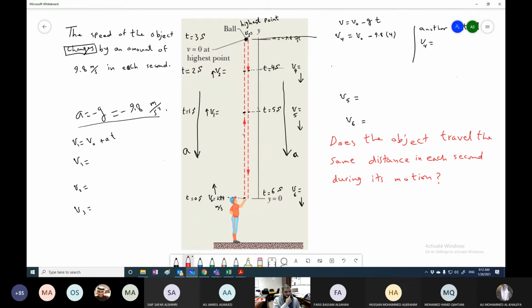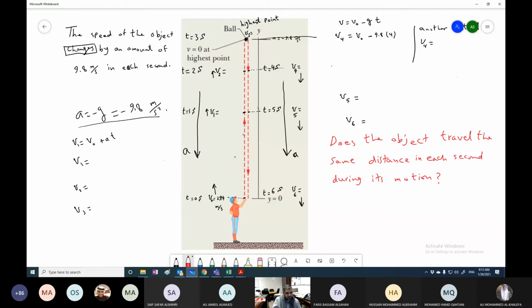The speed of the object changes by an amount of 9.8 meters per second in each second. This is the meaning of the acceleration equals 9.8 meters per second squared, as we explained last time.